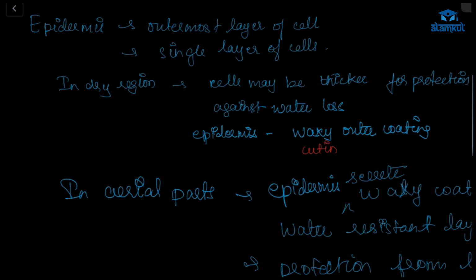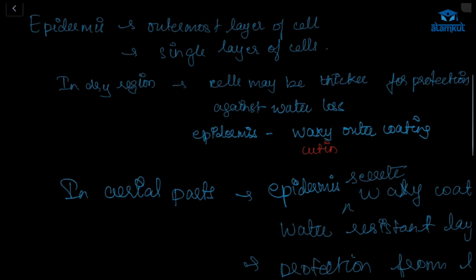The epidermis will have a waxy coating, like wax. If you remove the honey, there will be wax left, right? So there will be a wax-like coating in the epidermis, and it is called cutin.